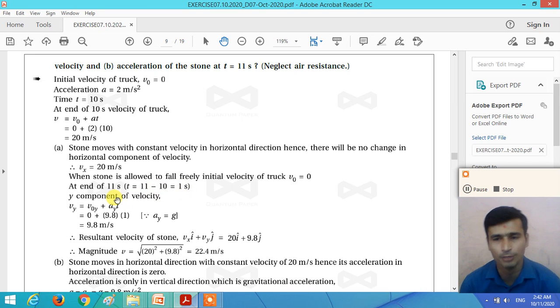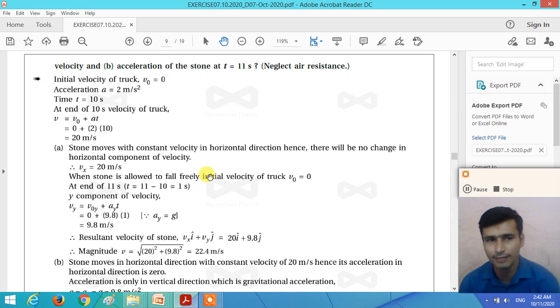The y component of the velocity vy is equal to v0y plus ay into t. Here v0y is equal to 0, right? When the stone drops in the downward direction, the downward acceleration remains constant and is equal to 9.8. So ay is equal to 9.8 and t is 1. So the y component of the velocity is 9.8 meter per second.